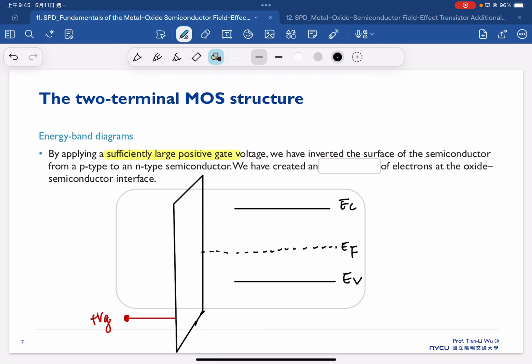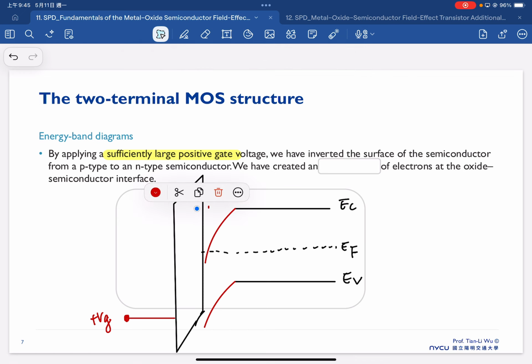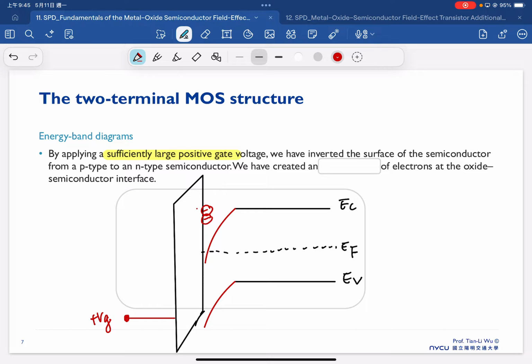so now, with a sufficiently large gate bias, there is a chance that the conduction band can fall below our Fermi energy. Once the conduction band falls below the Fermi energy, that suggests we have a very high concentration of electrons that can exist in this region.